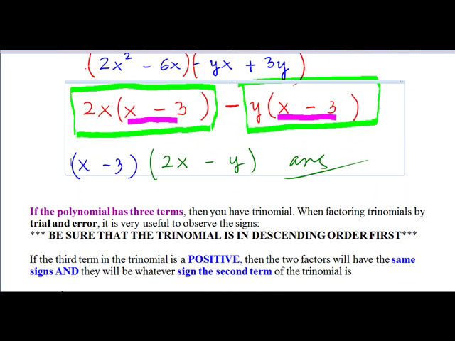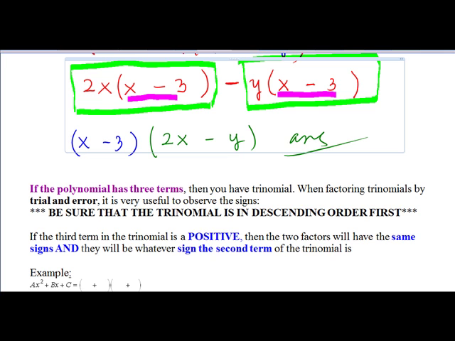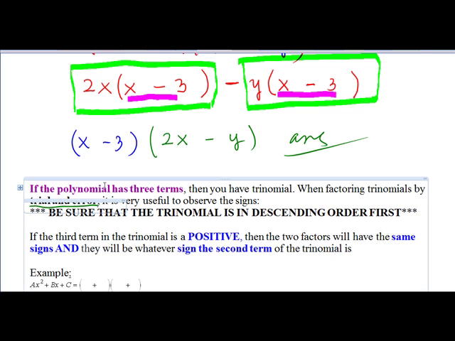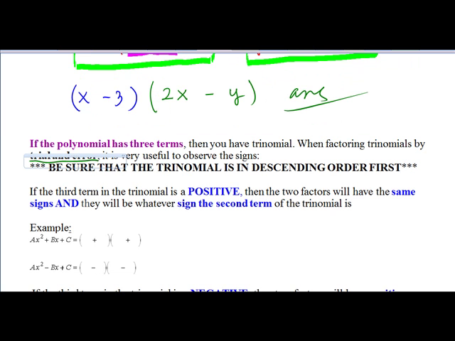Now if the polynomial has 3 terms, that means you have a trinomial. To factor a trinomial, usually we use trial and error. Now this method is many times quite difficult for many students because of the signs, and you have to find all the possibilities of factors that multiply to equal the c term and add to the b term here.